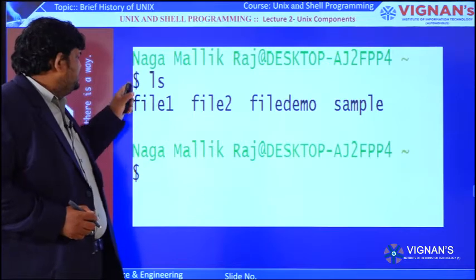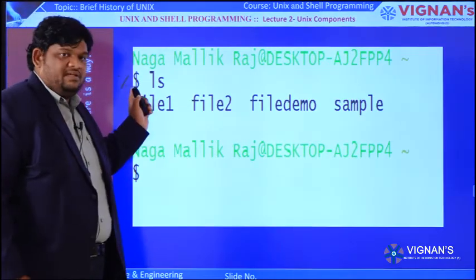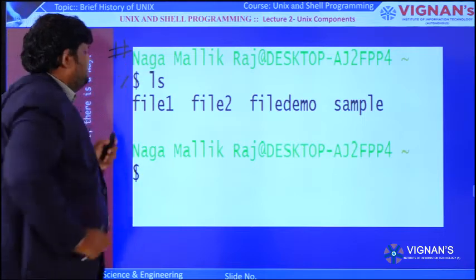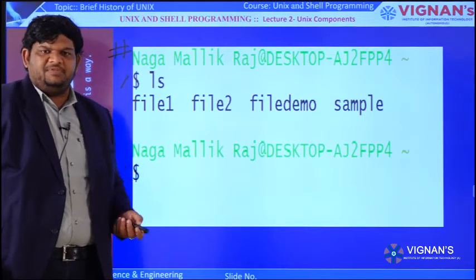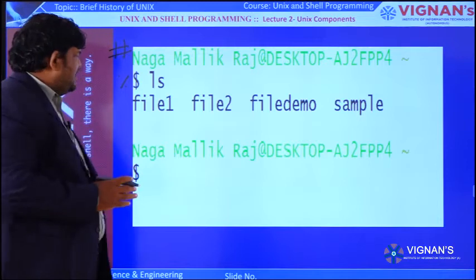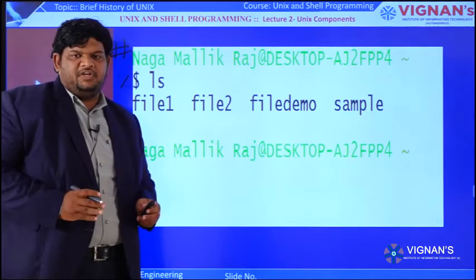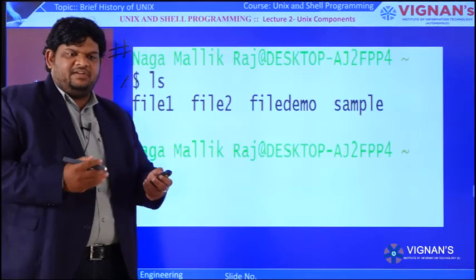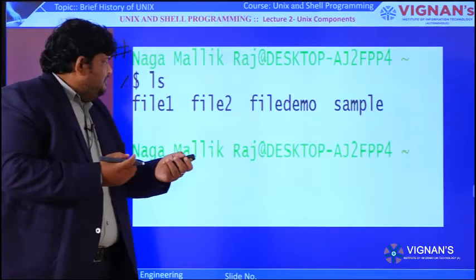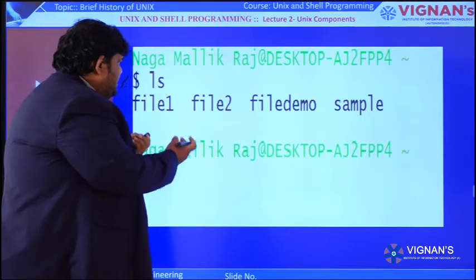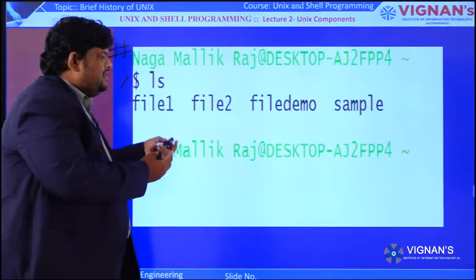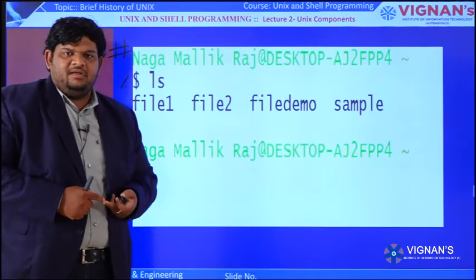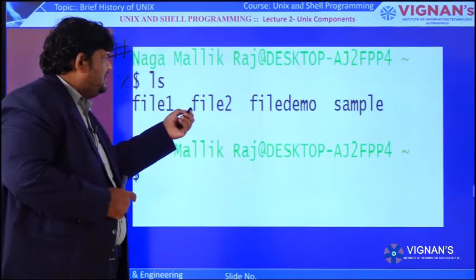If it is a percentage symbol, then it is C shell. If it is a hash symbol, then it is bash shell. Like that, many different types of shells are there. But the ultimate responsibility of the shell is that a user can interact with it. That means we can send our request to the shell. The shell interprets our command and gives the output back to the user. This is the responsibility of the shell.